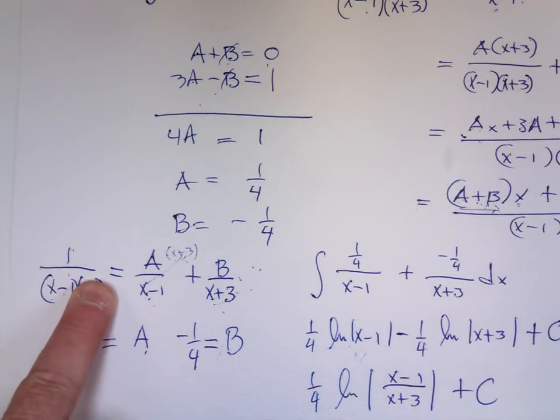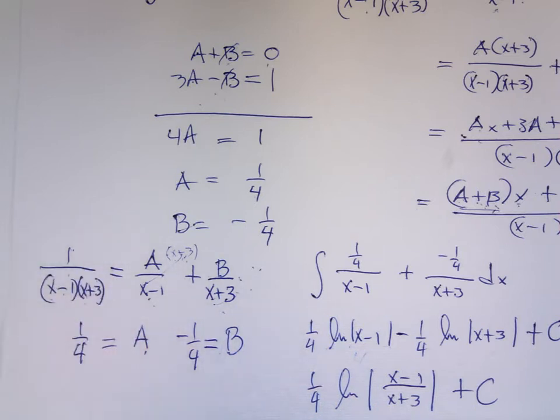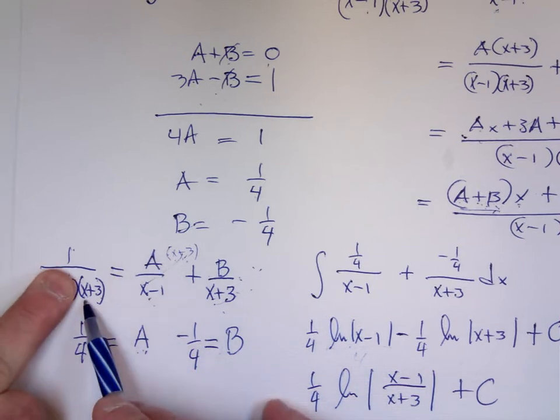Yes, it's always whatever makes it 0. How are we doing? Everybody okay? Then why doesn't a have anything in front? Why is the 1/4 on that side? Because the first thing I did is multiply by x minus 1 and let x equal 1, which canceled out x minus 1.